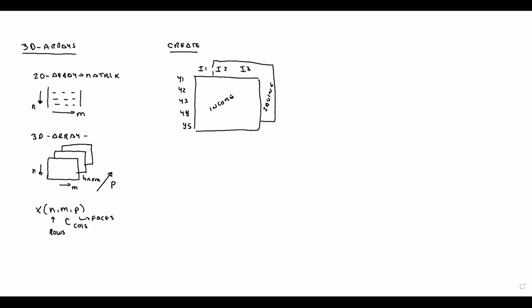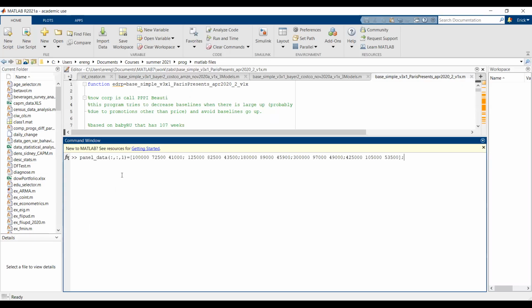So let's create this one here. Let's call my array panel data. This is all rows, all columns, and this data corresponds to the first phase. So this is my income: the income for year 1, individuals 1, 2, and 3, then year 2, and so on.